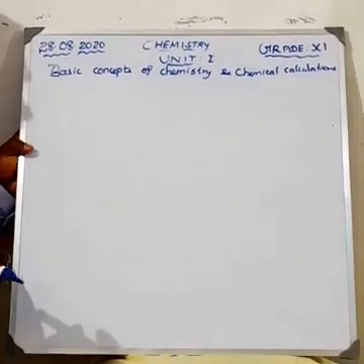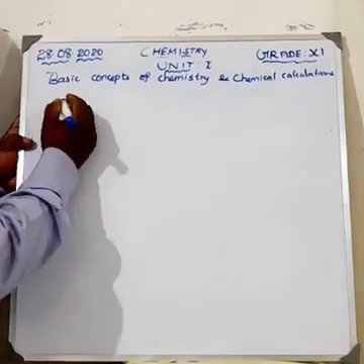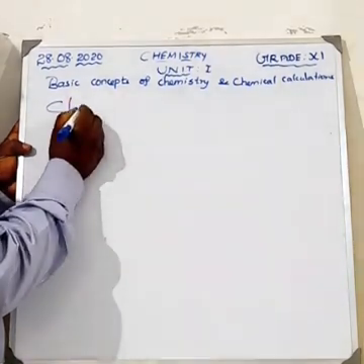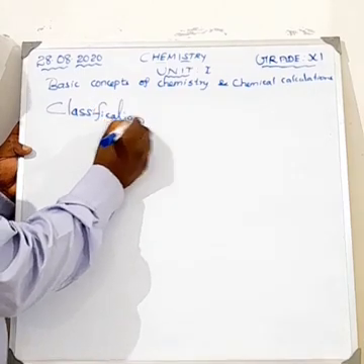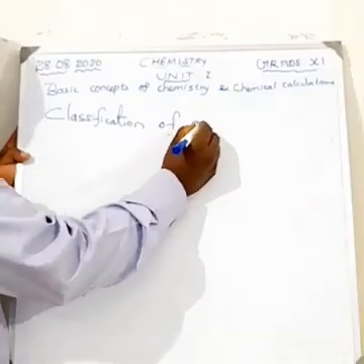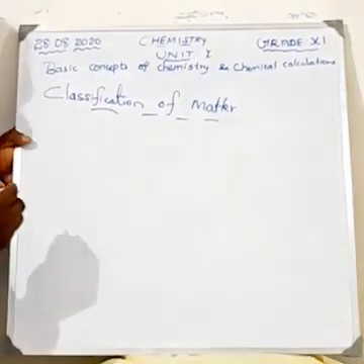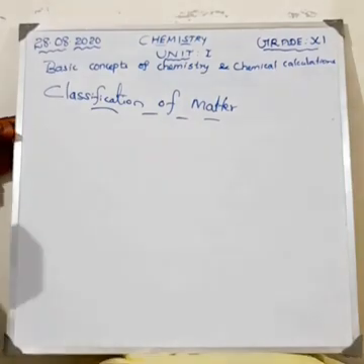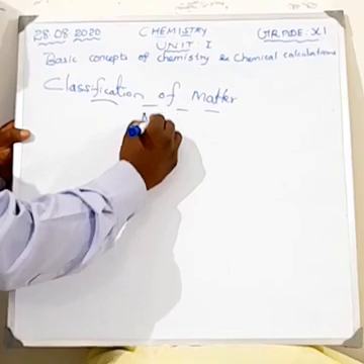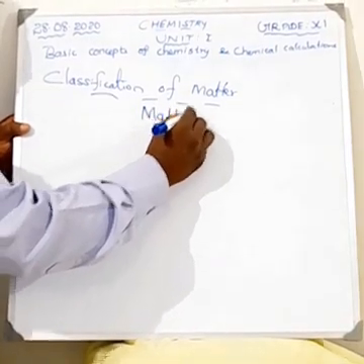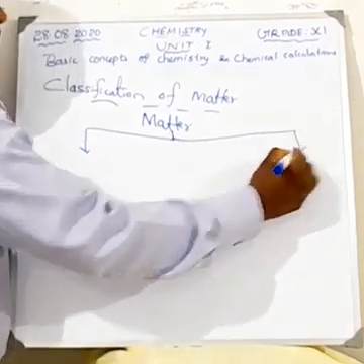We can start with classification of matter. Matter can be classified into physical classification and chemical classification. How many types?